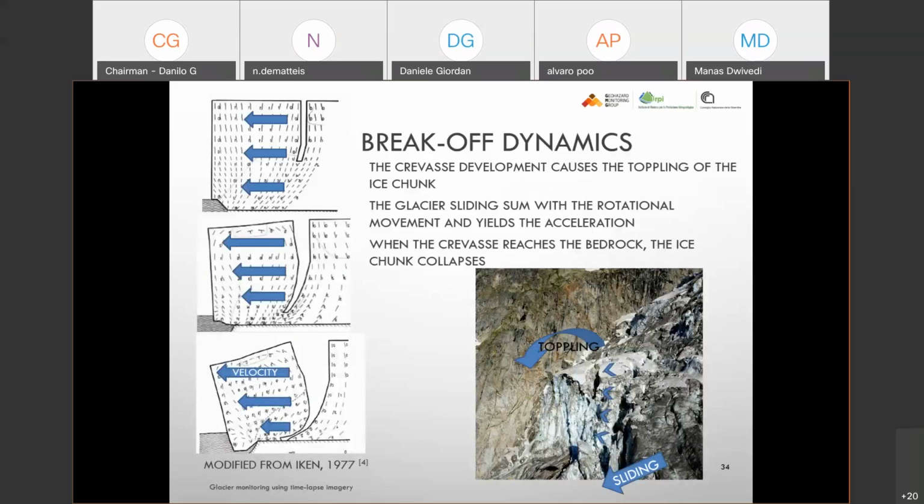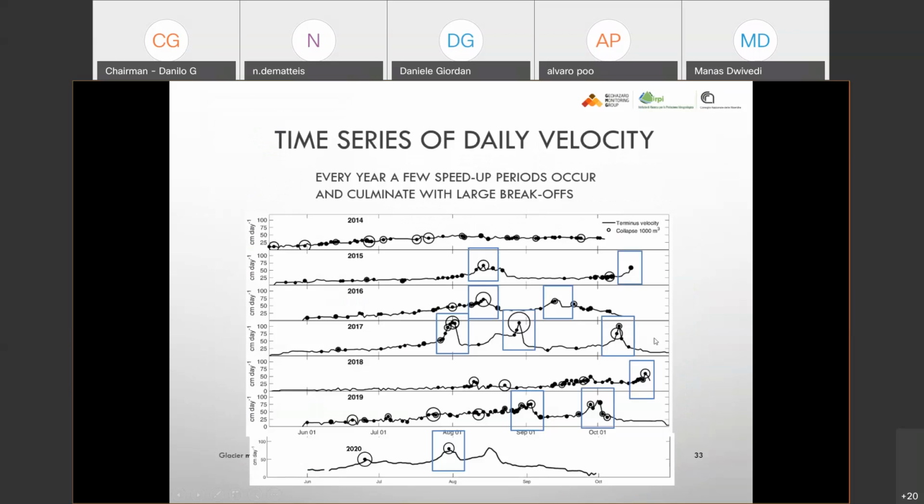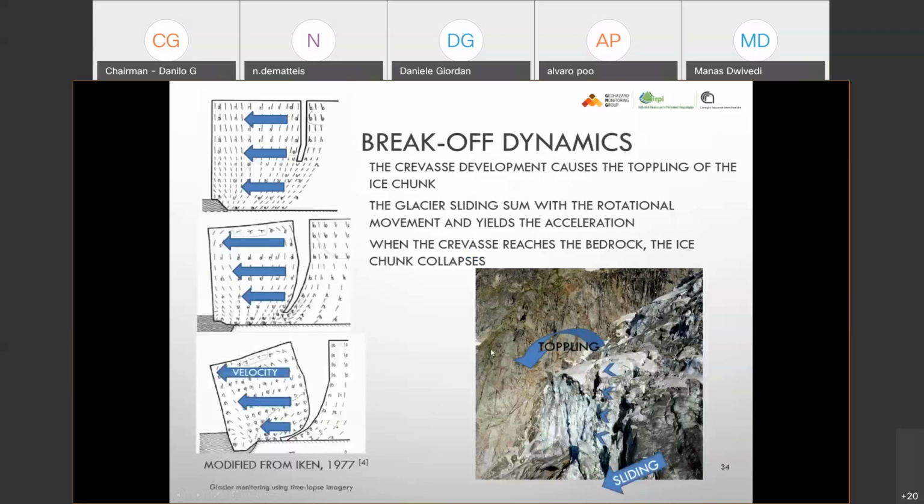But why is there such an acceleration? Because there are two displacements that act together. There is the sliding of the glacier, and when there is this acceleration, the frontal portion of the glacier has a rotational movement. There is the toppling. If you remember, Daniele talked about this process in his lecture.